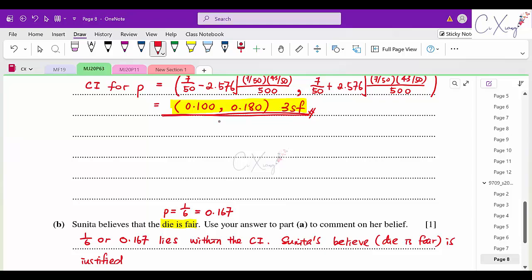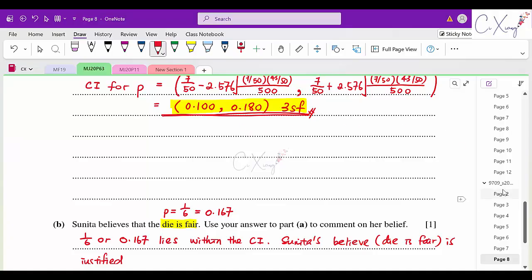It is a very big experiment that we carried out many times, and this is the range where P should lie. And you see that our P really lies within the confidence interval. That means that your belief here is basically justified based on the confidence interval that we get, right?